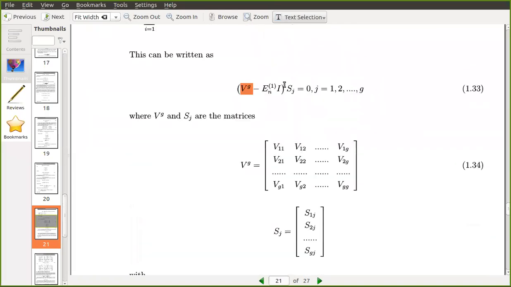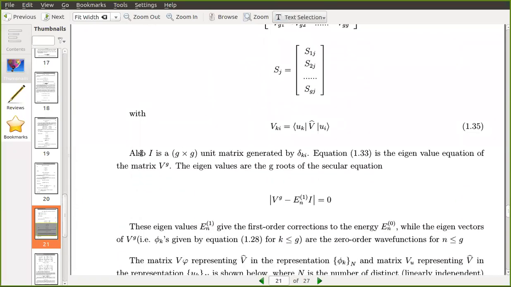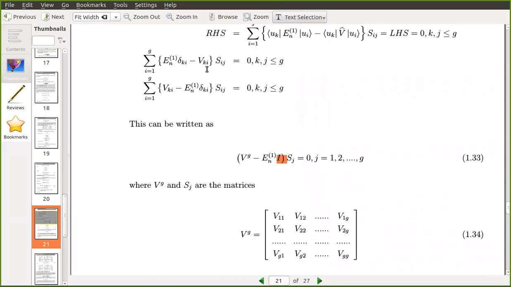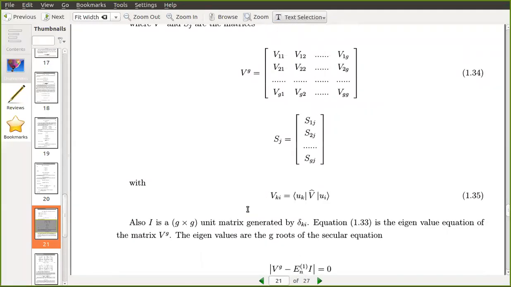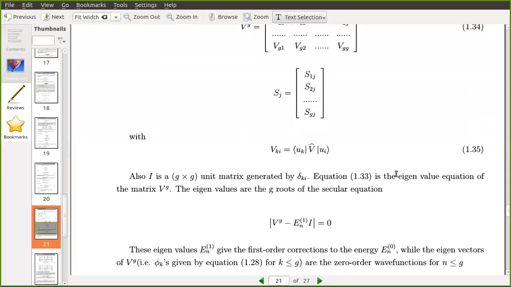Now this I is a unit matrix, a square unit matrix, of order G by G, which is generated by delta_ki. This delta_ki generates this unit matrix I. Okay, so this is the eigenvalue equation. That is the idea. This is the eigenvalue equation of the matrix V^G.